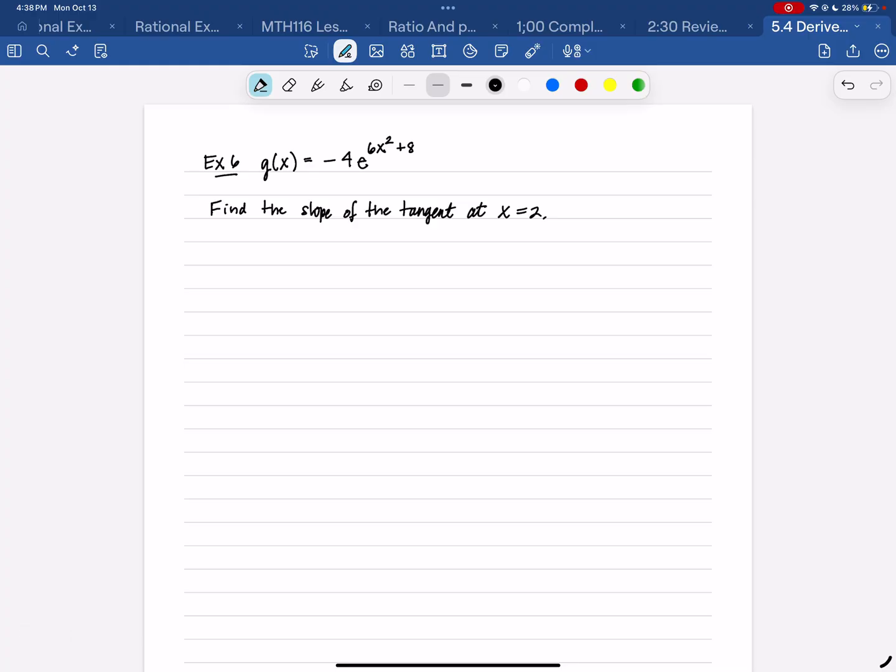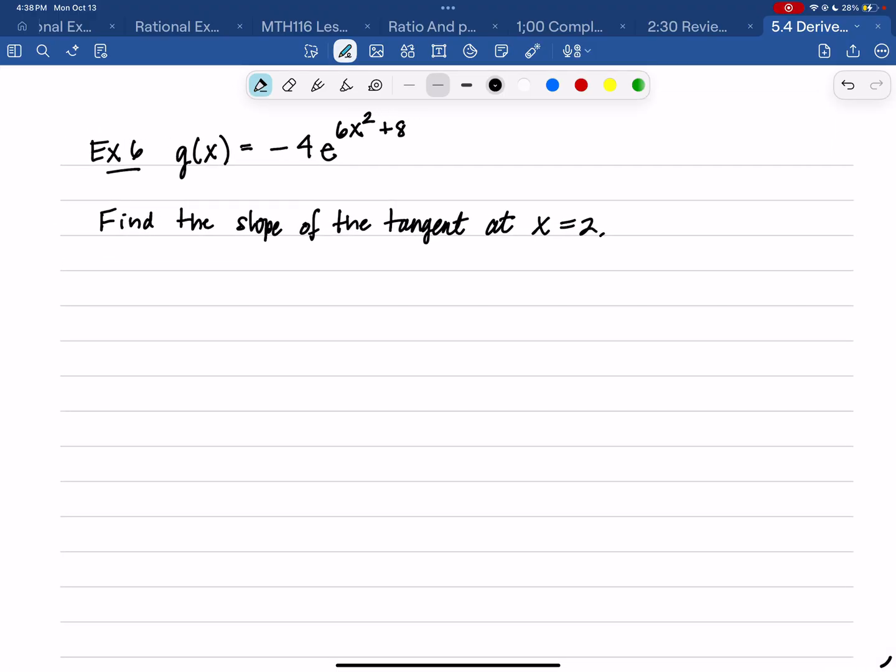So g of x is negative 4 e to the 6x squared plus 8. We're supposed to find the slope of the tangent at x equals 2. So again, we need to find g prime of x first. And this one doesn't have a product rule because it only has the x in one place.